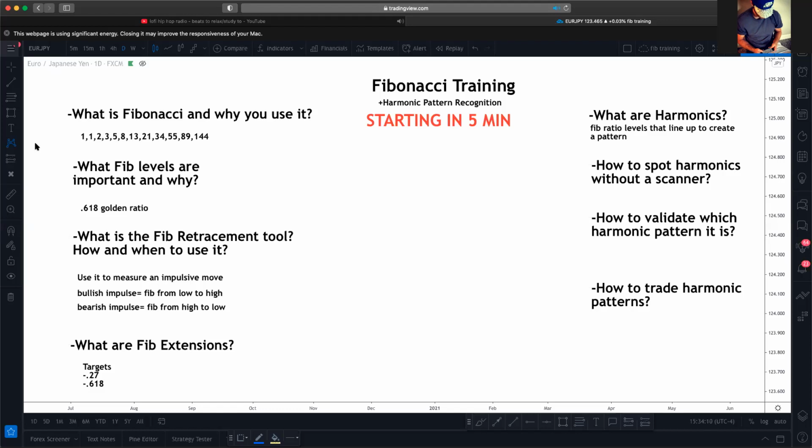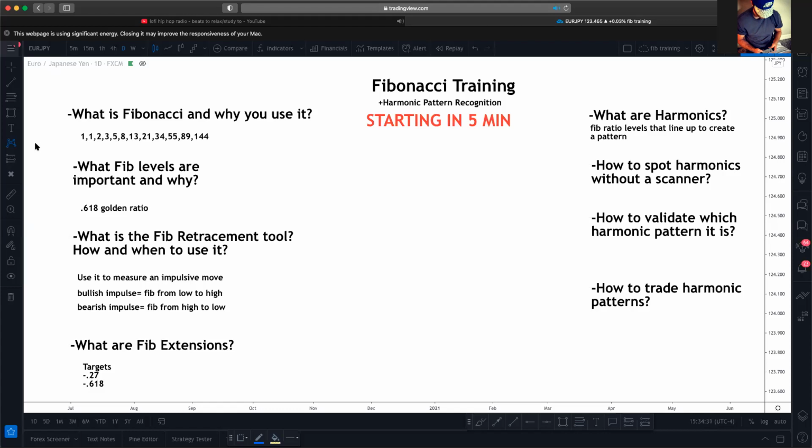Now, there's, I think, 6 or 7 different harmonic patterns. What I did whenever I started to learn them is I focused on 1 or 2 at a time and learned those, and then it helped me learn them all, kind of. Now, I'm not going to go into every pattern.